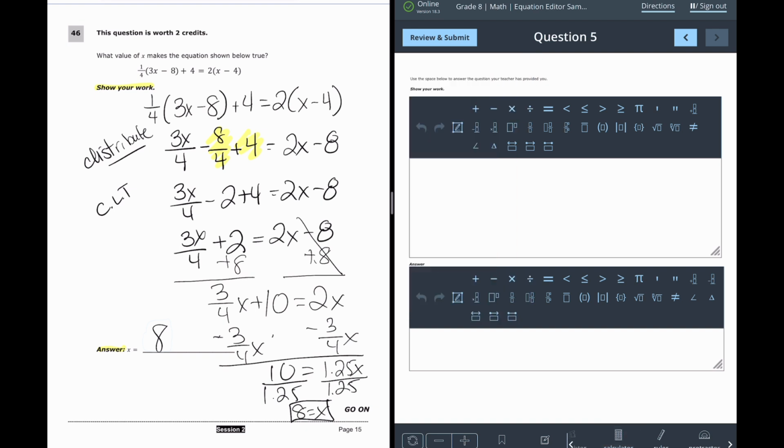It's a lot. That's okay. So here I'm just going to put the answer is x is equal to 8. I just want the x to be lowercase. Here's a challenge. Now I have to recopy all this into this over here.